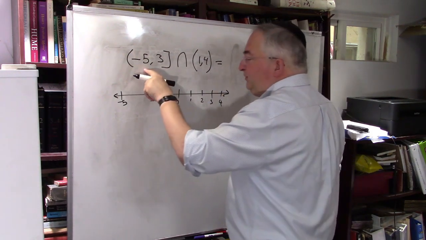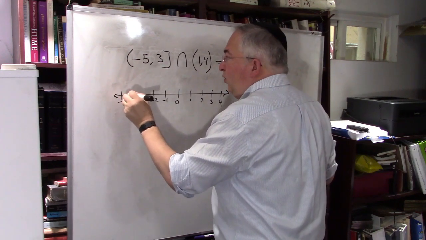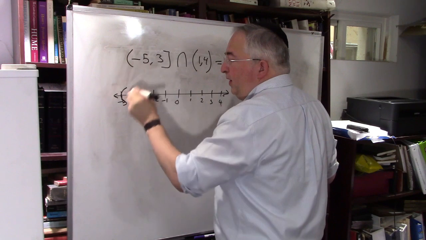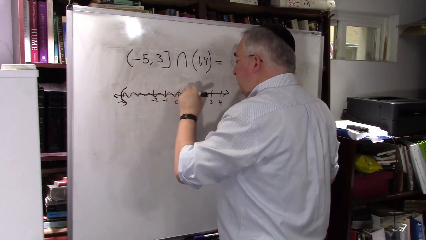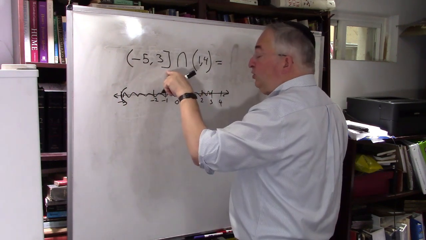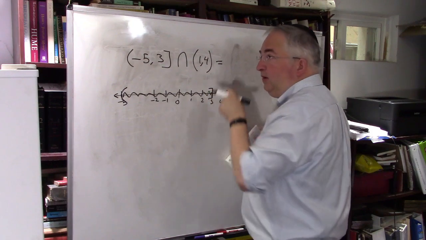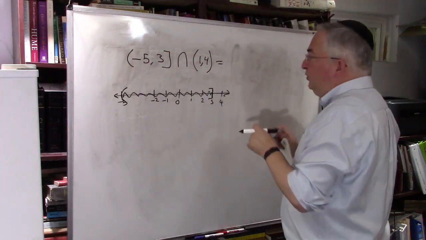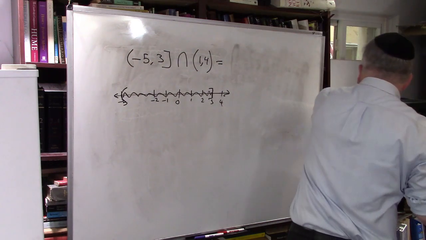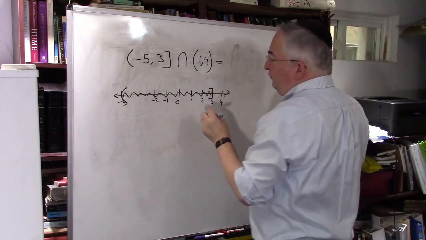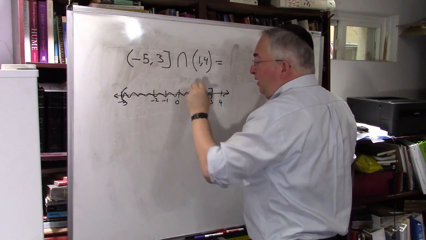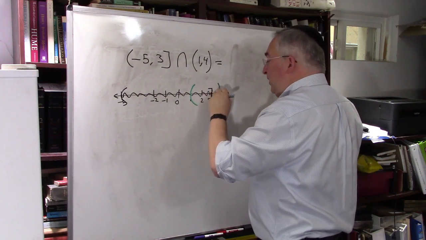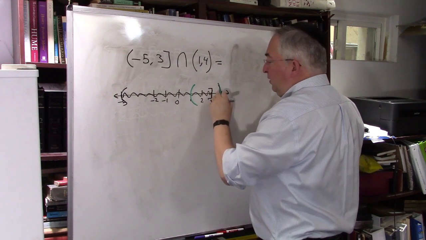Okay, so -5 to 3 is all the things from -5, but not including -5, round bracket, all the way till 3, including 3. Okay, great. And with that, we can also talk about this set, 1 to 4. So it's 1, but not including 1, till 4, but not including 4, okay?